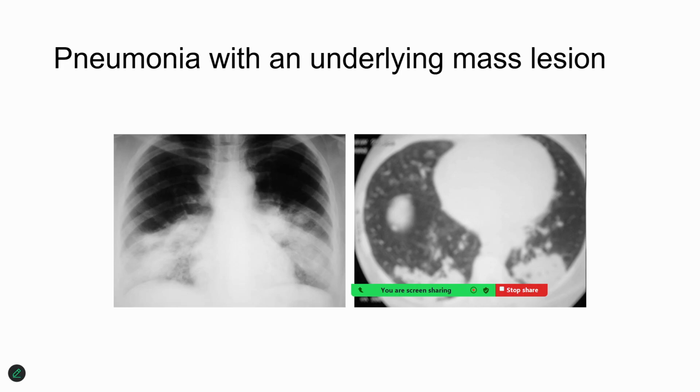Another complex issue, which is really challenging in clinical practice, is an underlying lesion which makes the pneumonia complicated. The patient may initially have the usual clinical symptoms of pneumonia, but there could be a failure of resolution. The condition doesn't resolve with the usual treatment, and either it may progress in the same manner or it may worsen.